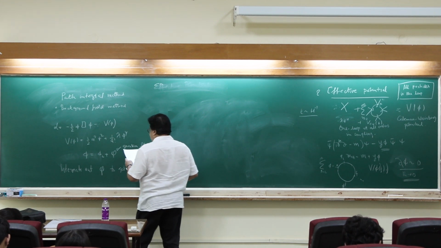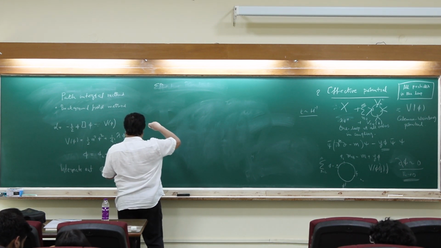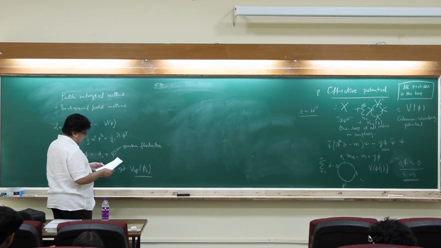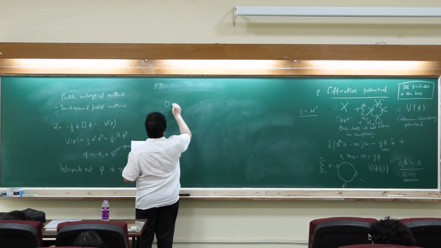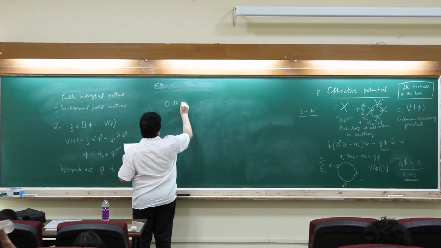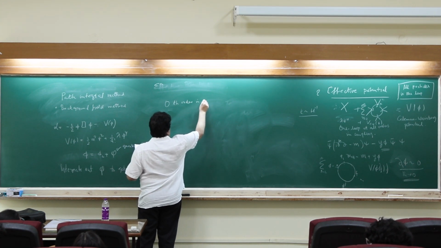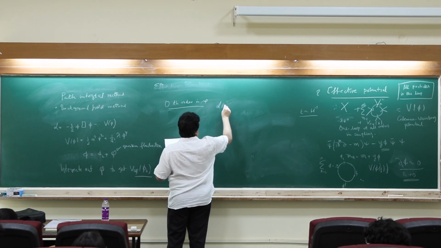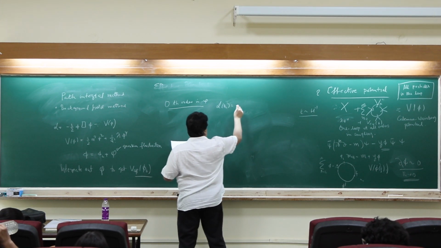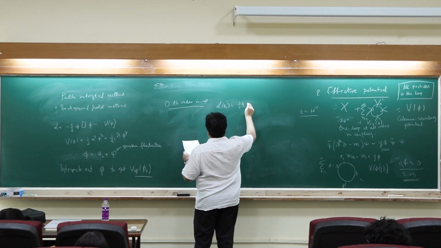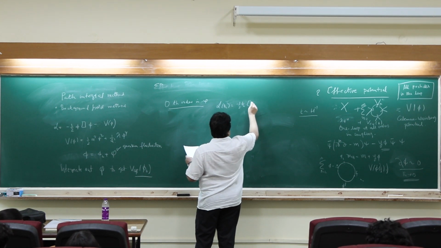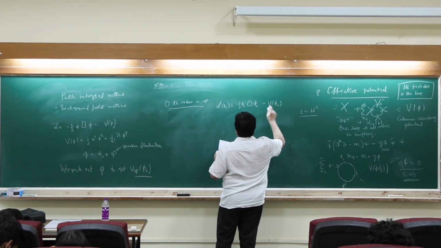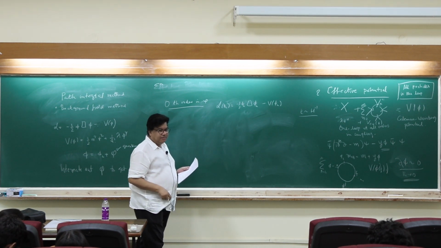So what we do is we write this phi and put it back in the Lagrangian and keep the zeroth order in the fluctuation. This will be just my Lagrangian of phi b, which is minus half phi b box phi b minus V of phi b. So this is my classical Lagrangian with the background.